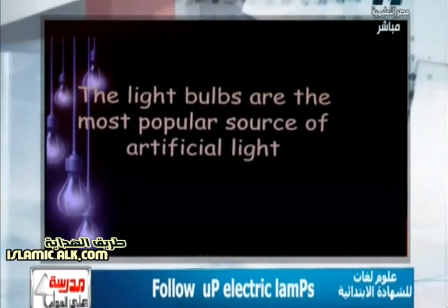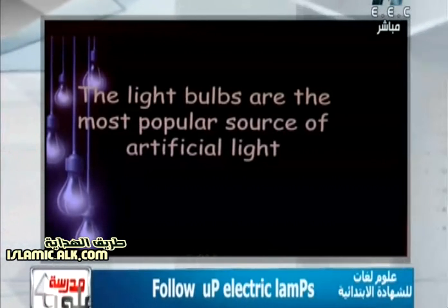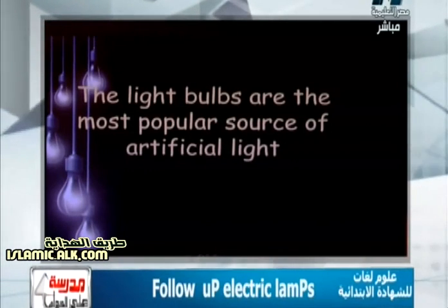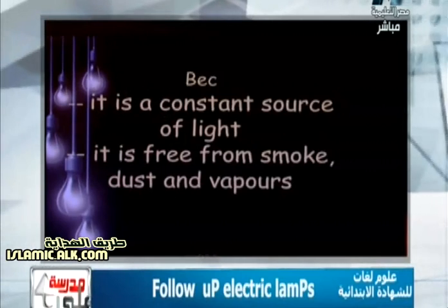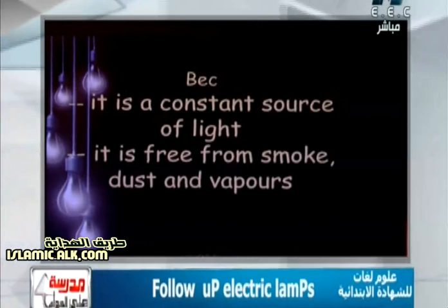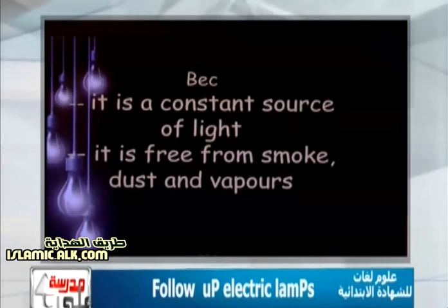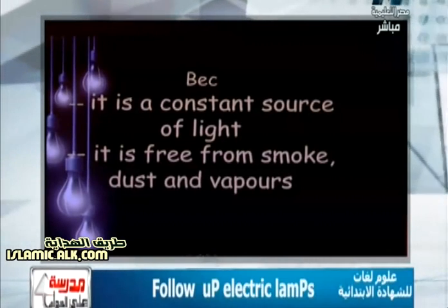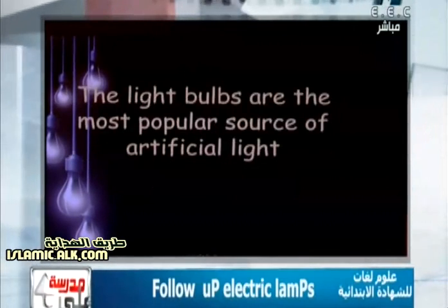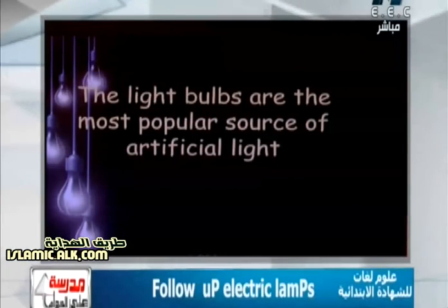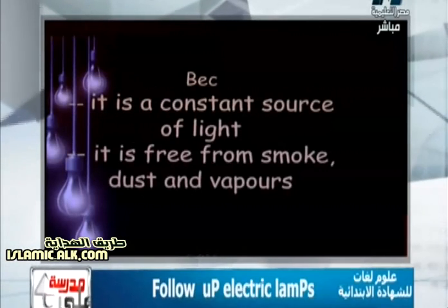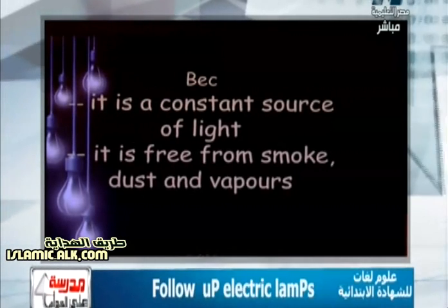The answer would be that it is a constant source of light. It is free from smoke, dust, vapors, and bad odors. So the answer is that because it's a constant source of light, and it's also free from smoke, dust, and vapors.